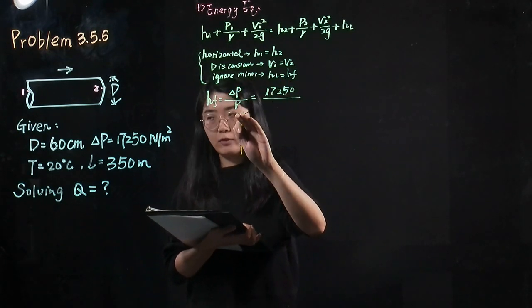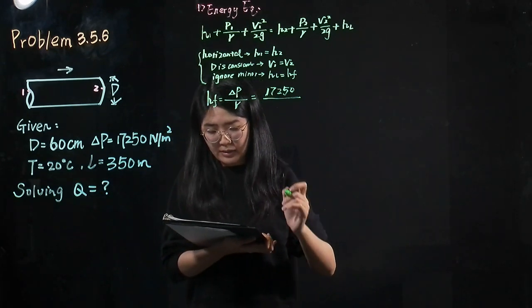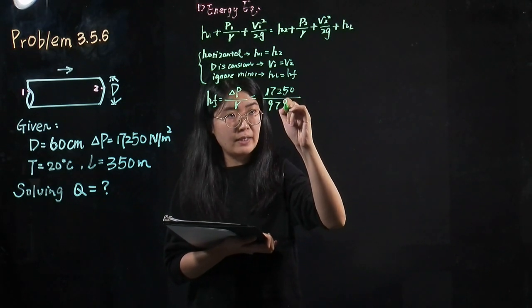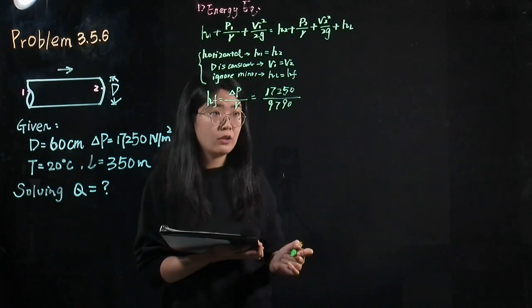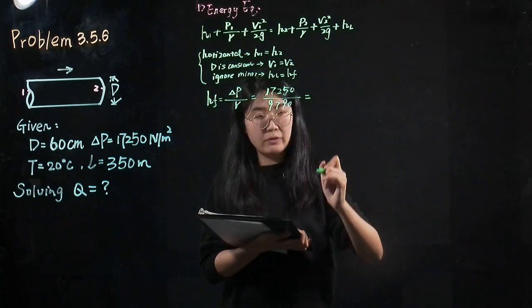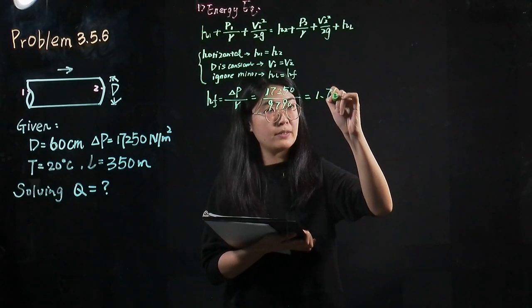The specific weight of water at a temperature of 20 degrees Celsius is 9,790 Newton per cubic meter. So the value of the friction loss is 1.76 meter.